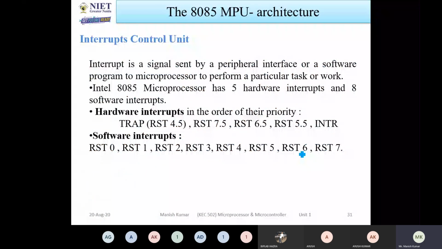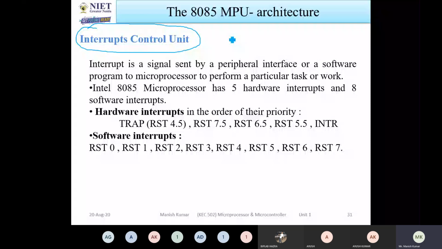So now the next unit is interrupt control unit. I already talked about the interrupts. Interrupts is like a disturbance. Okay. So if the processor is doing some work, and between that, if you want to do some other task, for that purpose, we are using the interrupts.